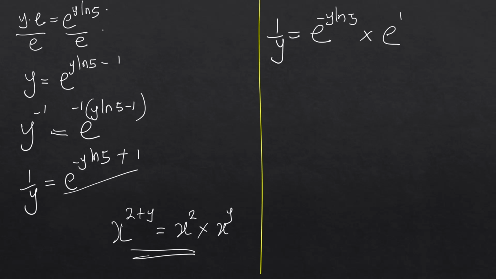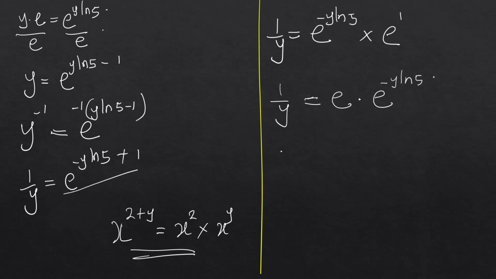So if I get to this point, what should I do next? I think the best thing to do now is to clear the fraction, because this is what we have: 1 over y is equal to e times e raised to power minus y ln 5.